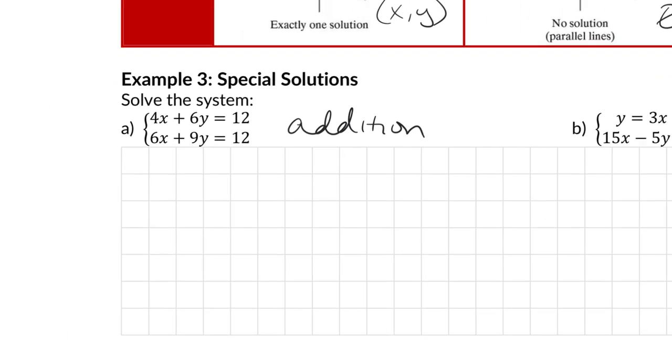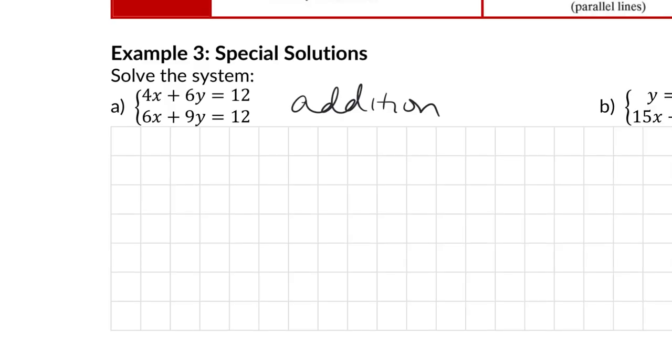When we're solving using addition, remember, we label the equations equation 1 and equation 2. We need these equations to cancel each other out. Let's focus on canceling the x's. If I wanted these two to cancel out, the least common multiple between them would be not 6, but if you double this one, it's 12. 4 goes into 12.